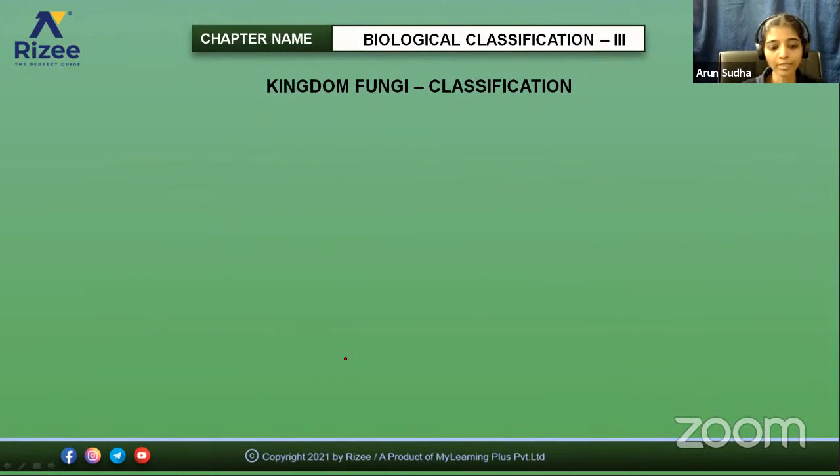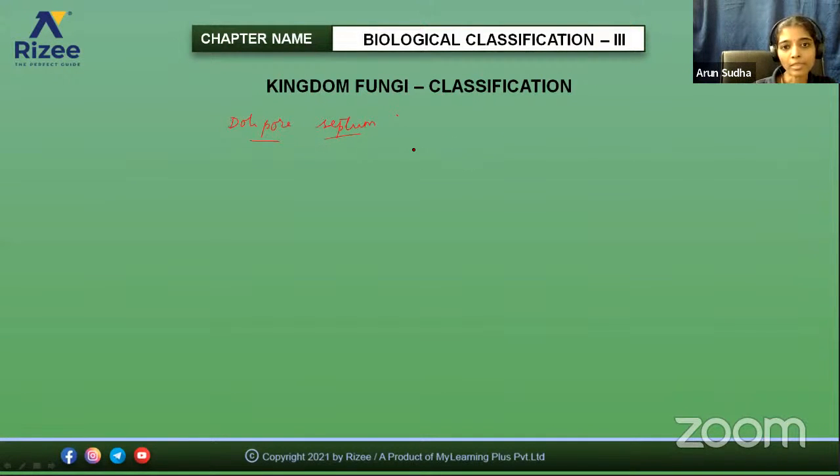And one more feature in the case of Basidiomycetes: it forms a septum that is called the dolipore septum. What is the difference here?